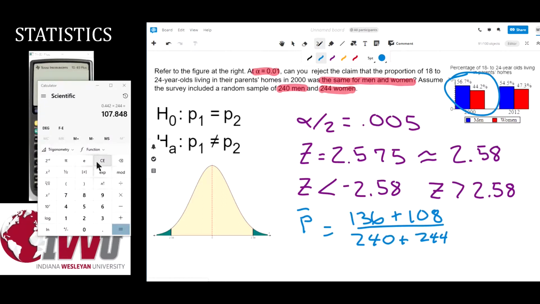We're going to have the 136 plus 108, and that's 244. And 240 plus 244 is 484. So we have 244 divided by 484, which ends up to be approximately 0.504. So about 0.504.